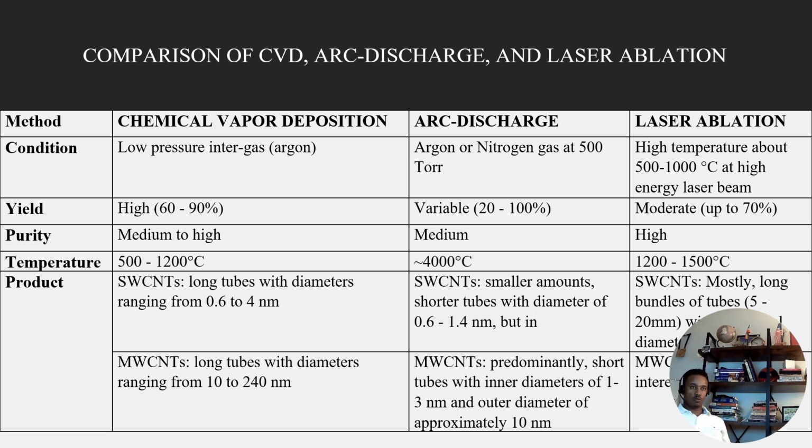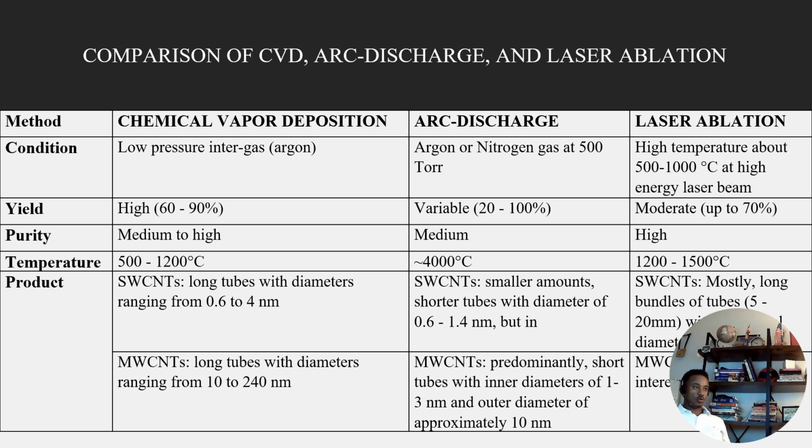When you compare these three in terms of the temperature requirement, laser ablation requires between 1200 to 1500 degrees centigrade, which is medium. Arc discharge, as you can see here, is about 4000 degrees centigrade, which is really high. And for CVD, we use a relatively lower temperature, between 500 and 1200 degrees centigrade.